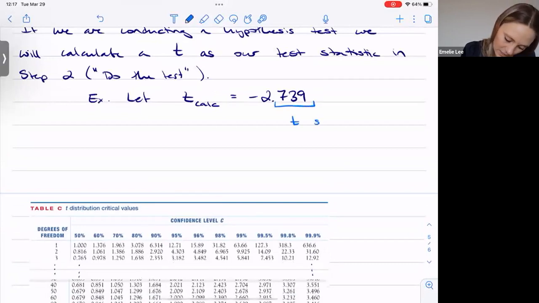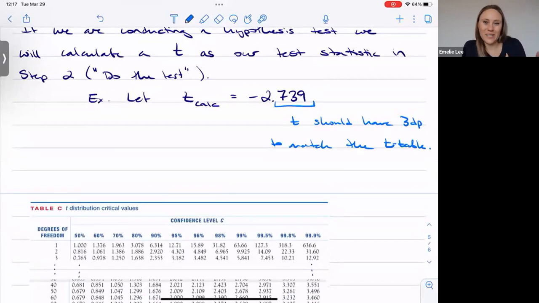T should have 3 decimal places to match the t table. Z, we rounded to 2 decimal places because our Z table only uses 2 decimal places. So you always want to match the table that you're using.